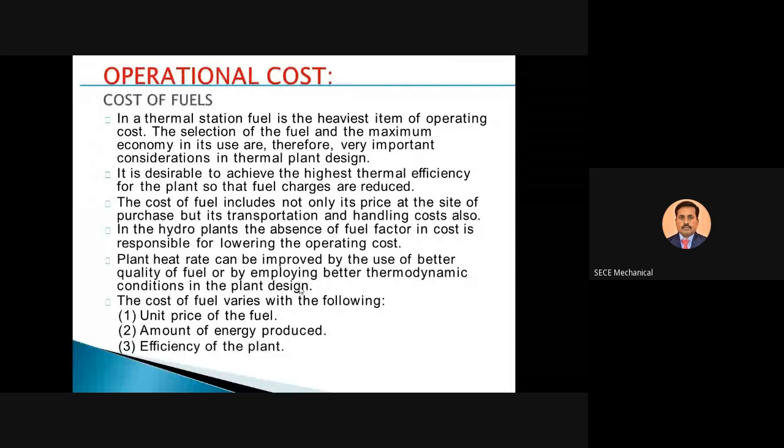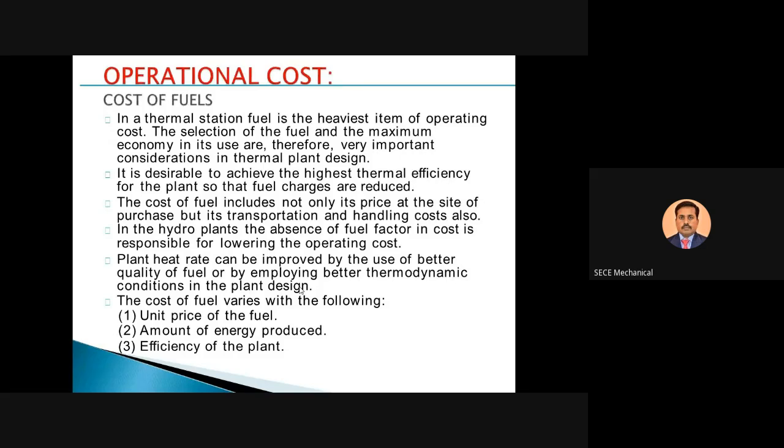When you purchase the fuel, what is the quality of the fuel, how much fuel we have to buy, how much energy we can produce with it, what will be the cost, and what is the efficiency of the plant. Then how the thermodynamic or heating conditions can be improved. Every factor we have to consider while purchasing fuel.